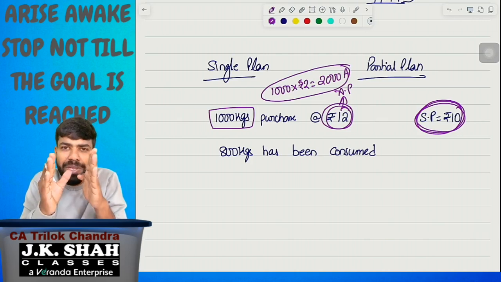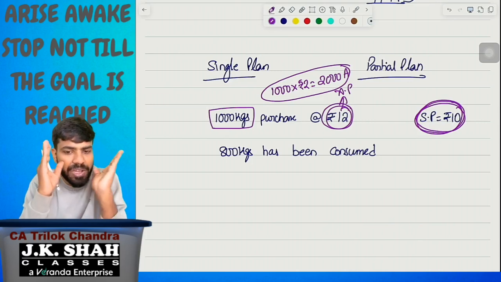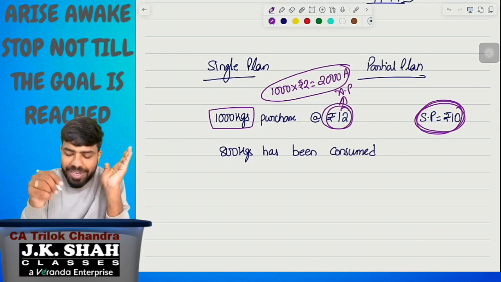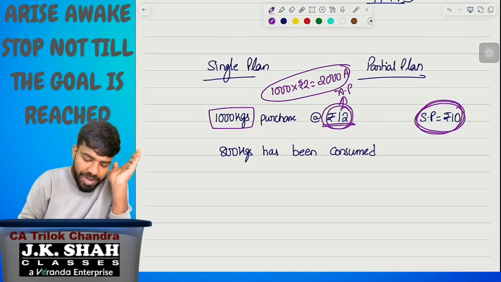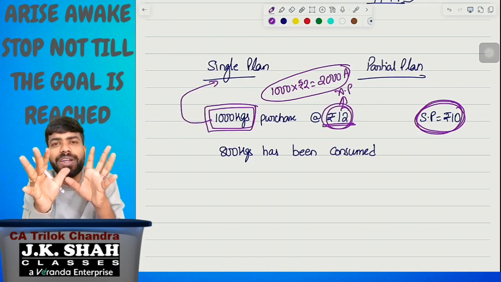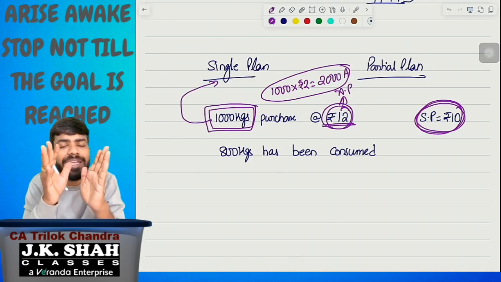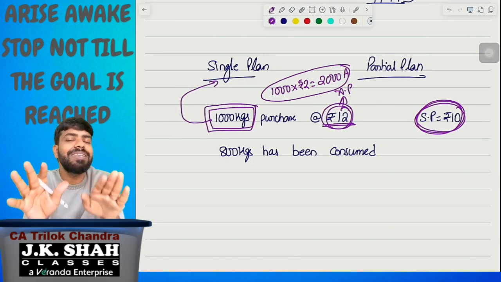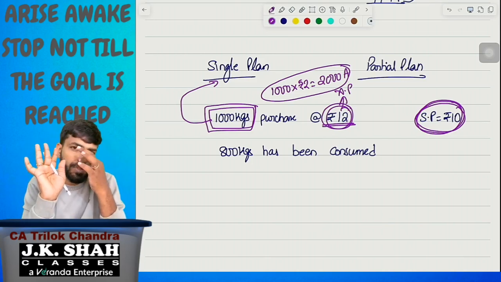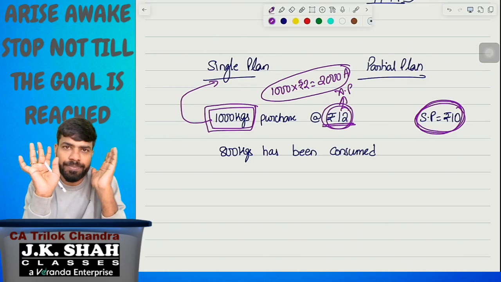Now listen to me carefully. Now the real concept starts. If you recognize the price variance for the quantity purchased, that is called single plan. The entire quantity of 1,000 kgs price variance is recognized in the same year, the current year. So we call it a single plan.